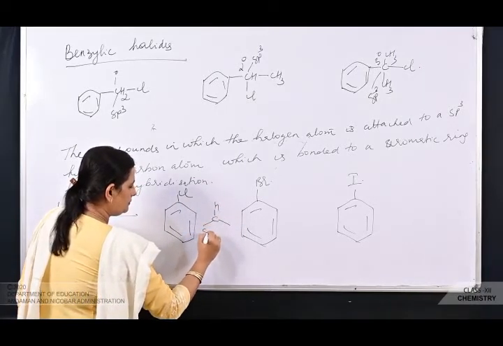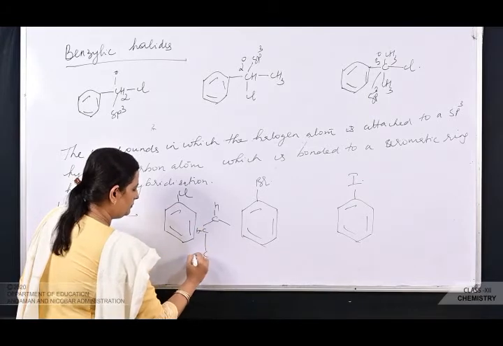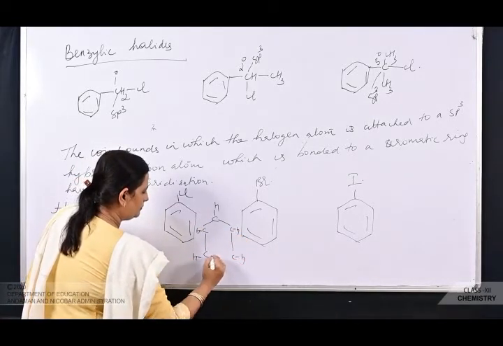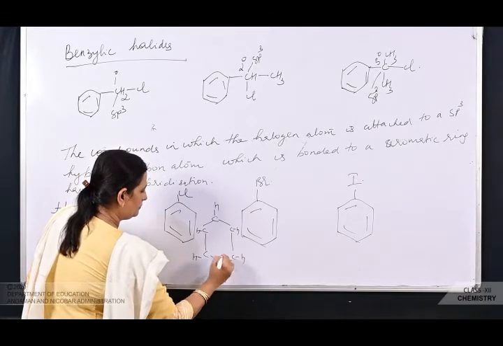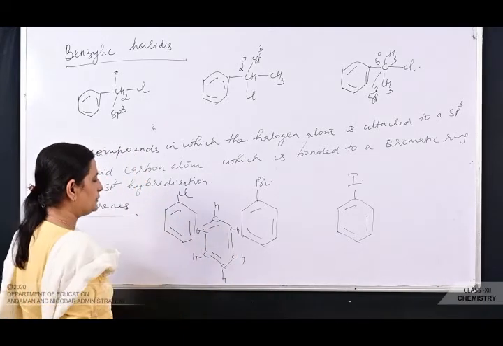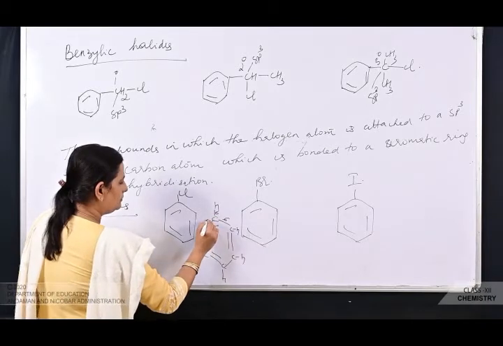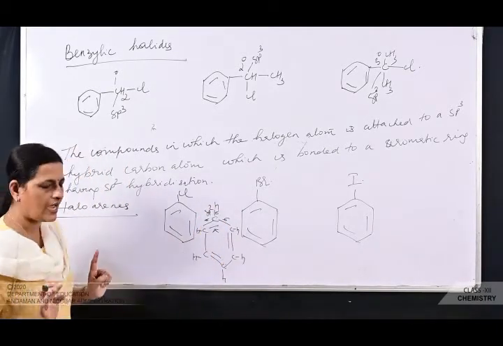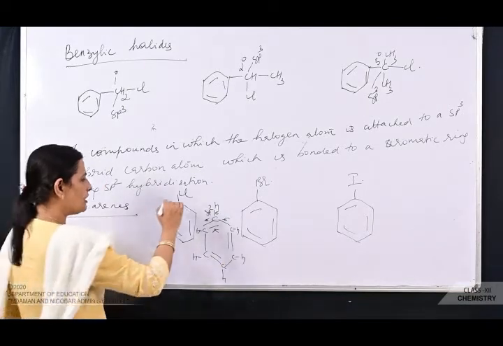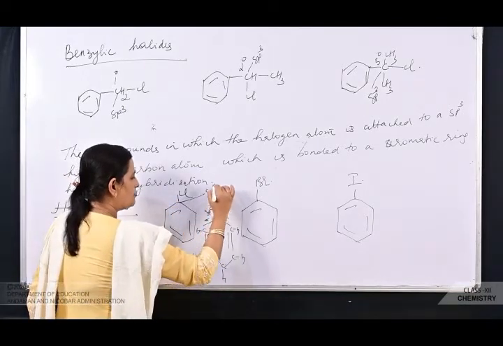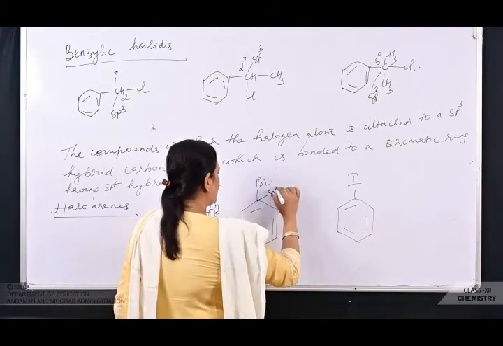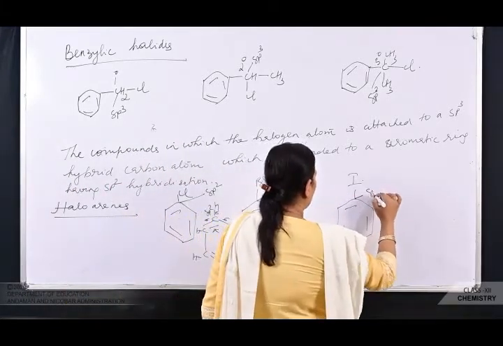It's like this. So what is the hybridization of the carbon? It's a pi bond. It's in sp2. All the 6 carbon atoms are in which hybridization? sp2. So here also the halogen is attached to what? sp2 hybrid carbon. Here also it is an sp2 hybrid carbon. Here also it is an sp2 hybrid carbon.